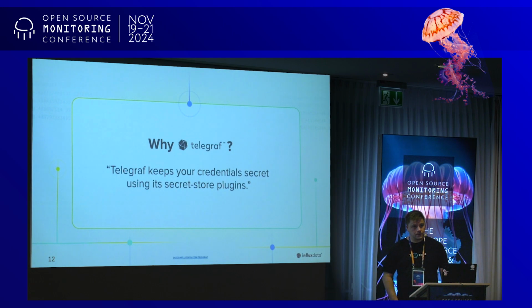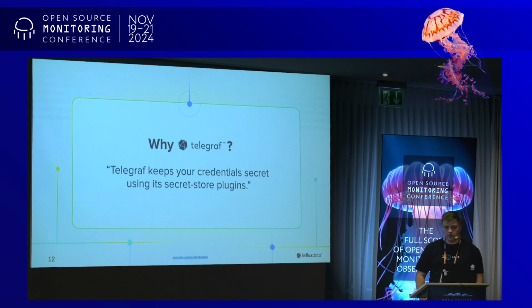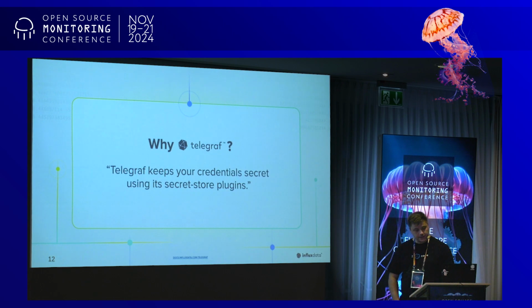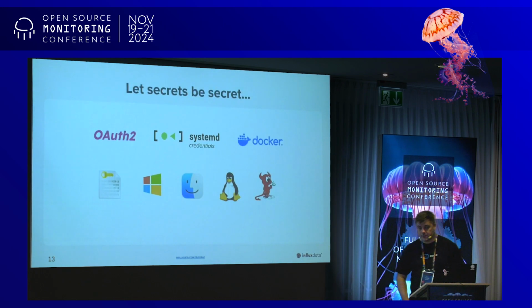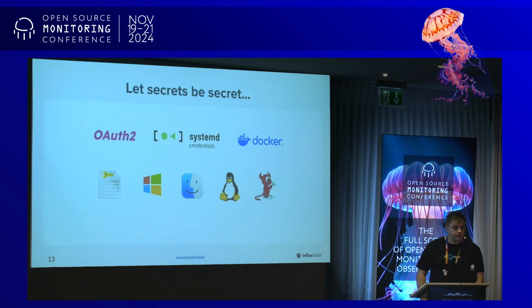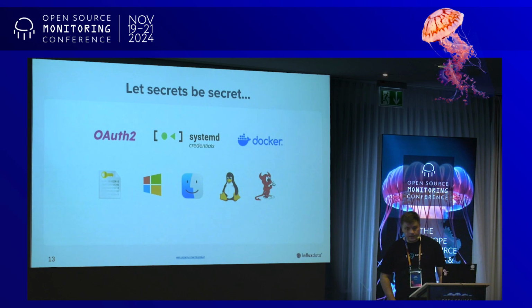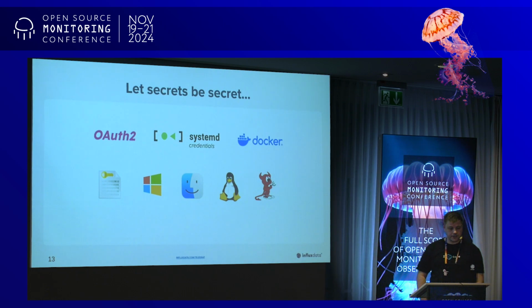And additionally, you don't need to provide the credentials that you need for accessing, for example, remote services in the config file. We do support so-called secret store plugins, which keep your secrets secret. The operating system stores, Linux kernel keyring or Windows Credential Manager, to name the two.